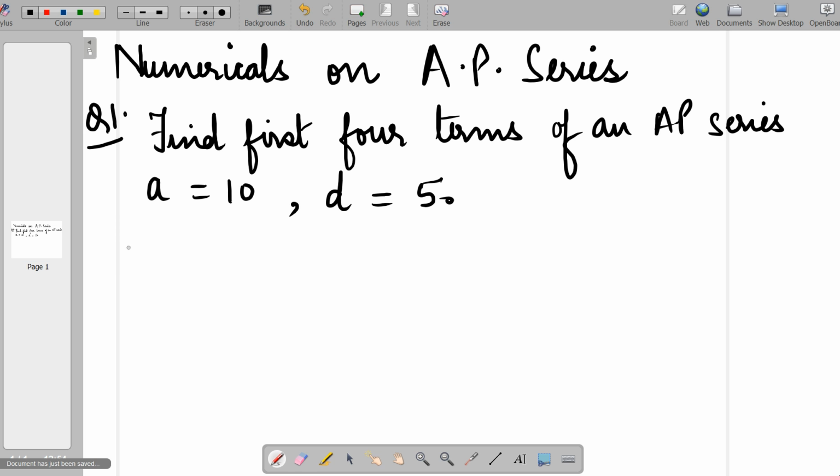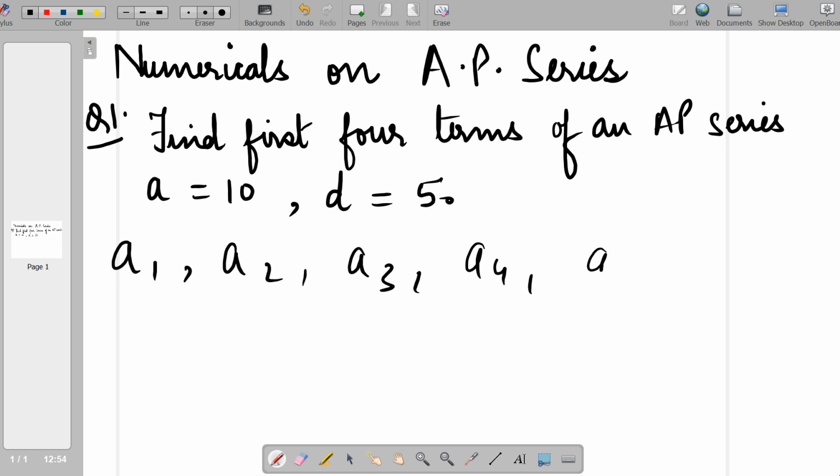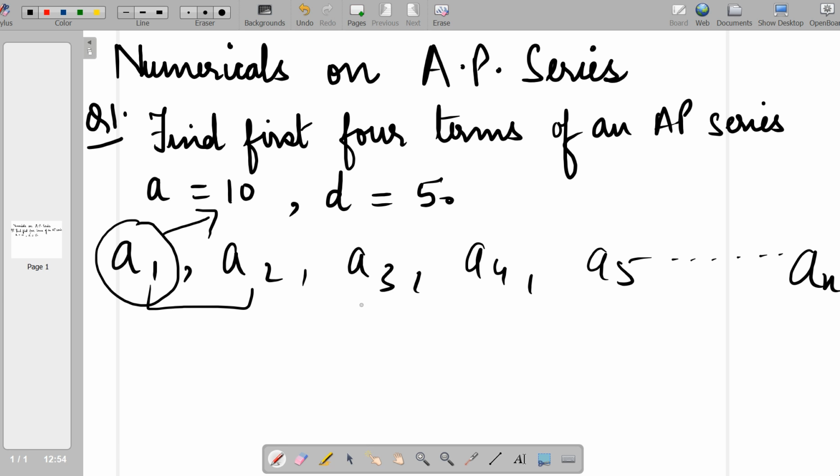Suppose you have a series A1, A2, A3, A4, A5 dotted up to AN, and in that A1's value they have given, that is equal to 10, and the difference between A2 minus A1, A3 minus A2, A4 minus A3 and so on, this common difference is how much? 5.